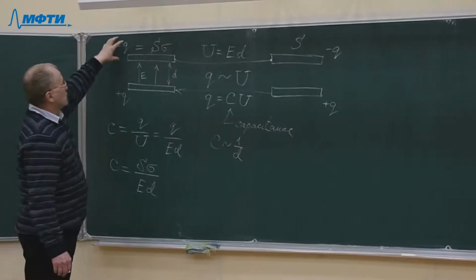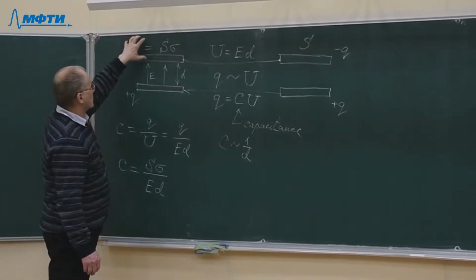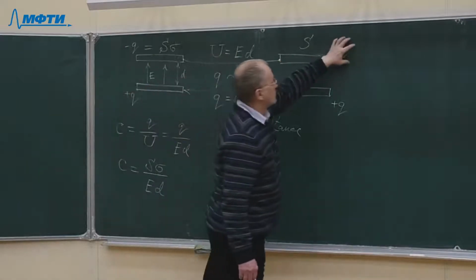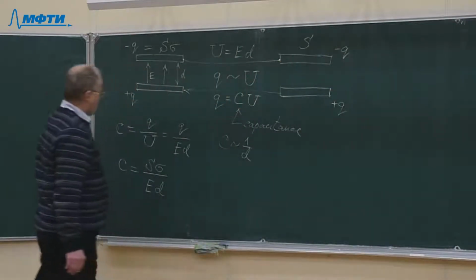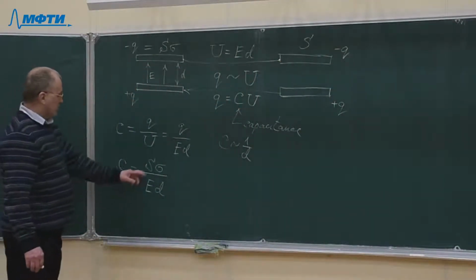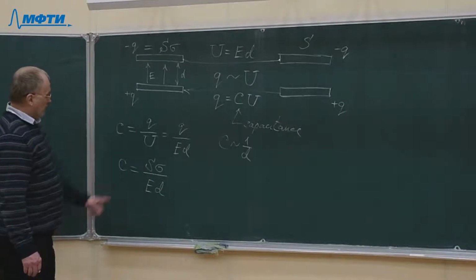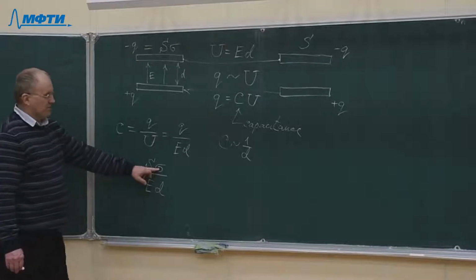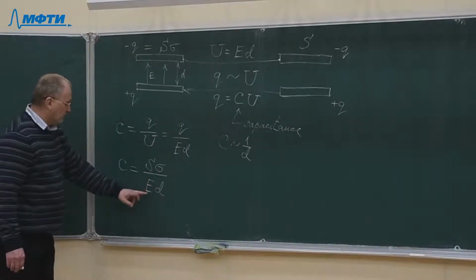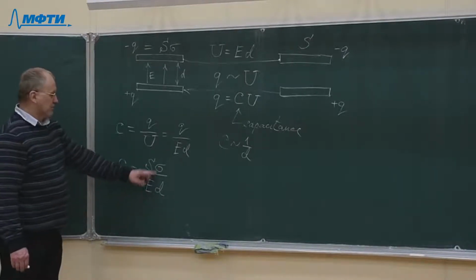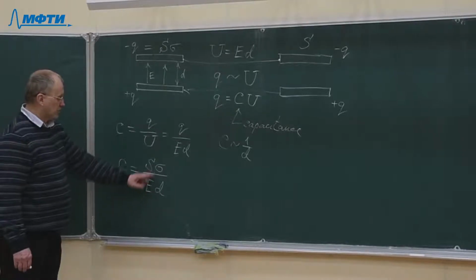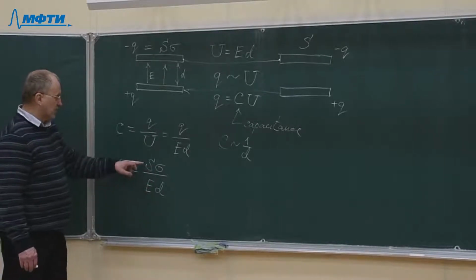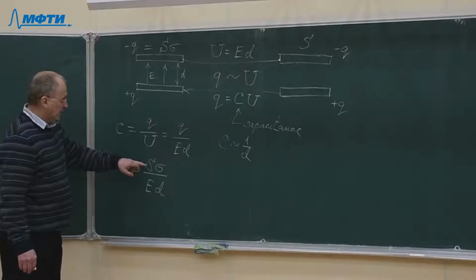Certainly the charge will also double, because the charge of this plate plus the charge of this plate will be the total charge. But the sigma, this charge density, will remain the same, and therefore the field strength will remain the same. These two quantities will not change. The only thing changing in this formula will be the surface area.